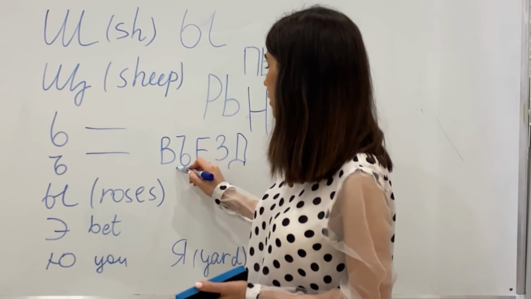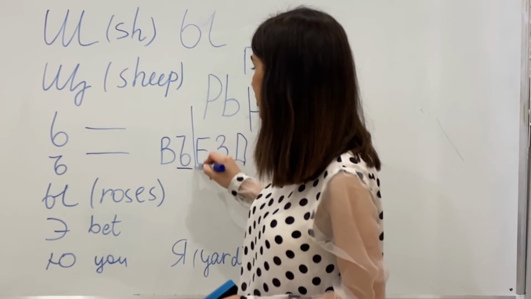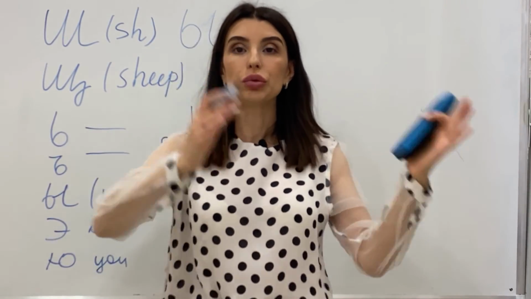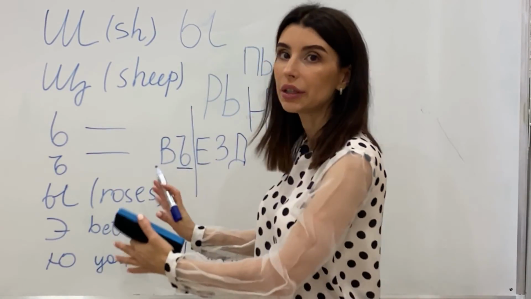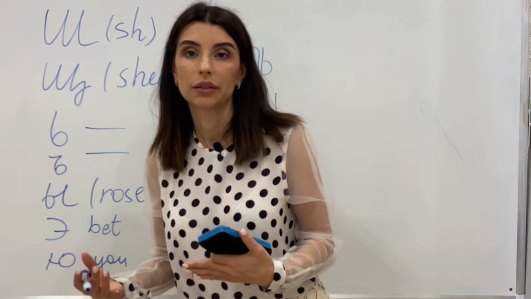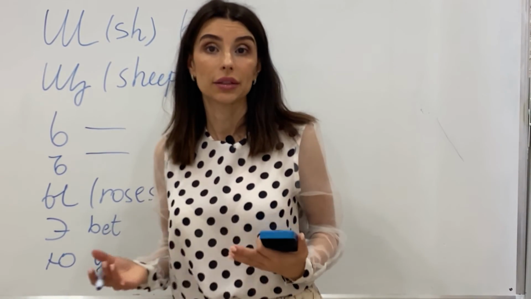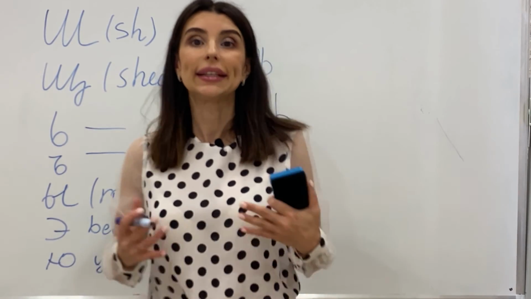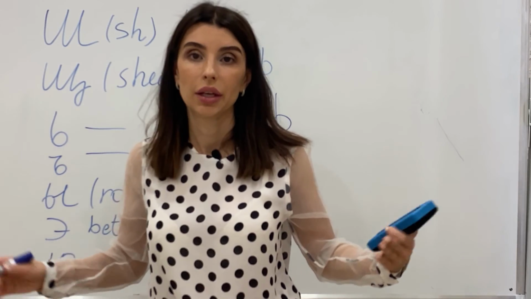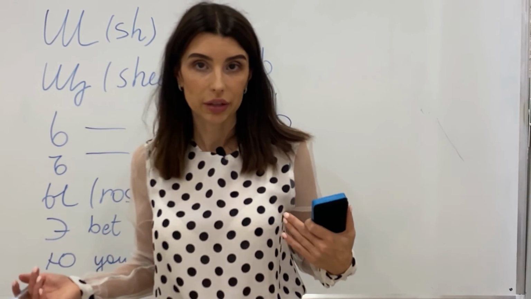So this letter divides the word into two sounds. V, another one, jest. Въезд. This is correct when you pronounce въезд, not вест. Вест is not correct. Въезд, correct.